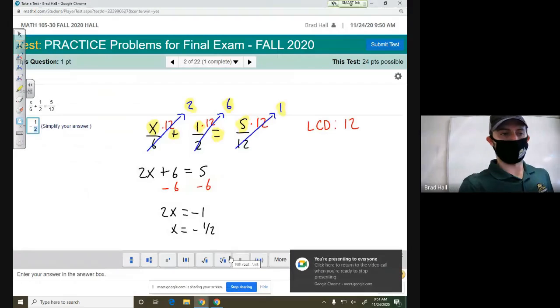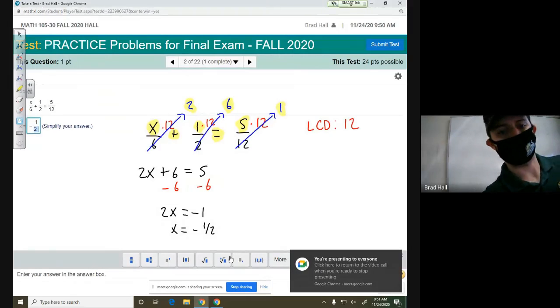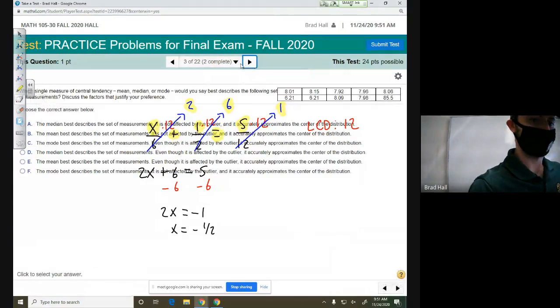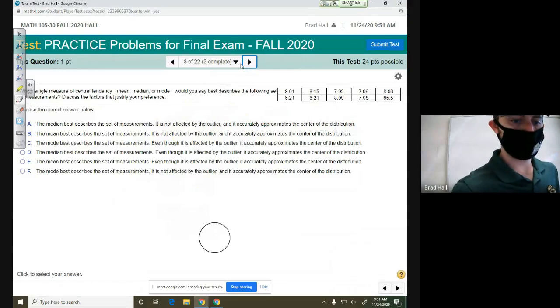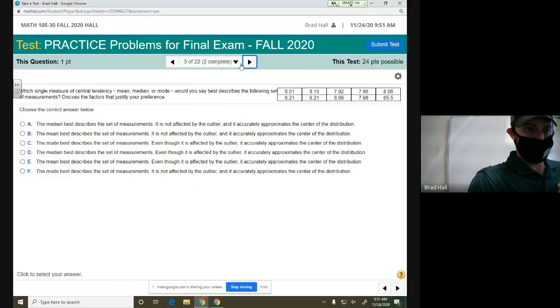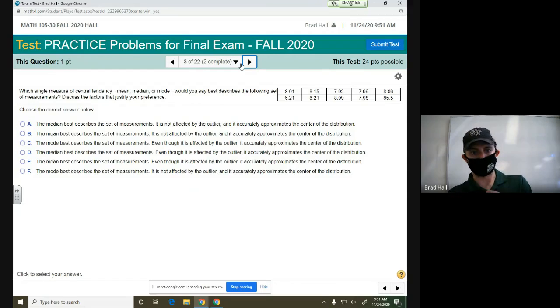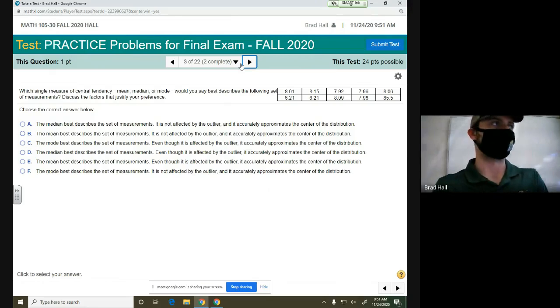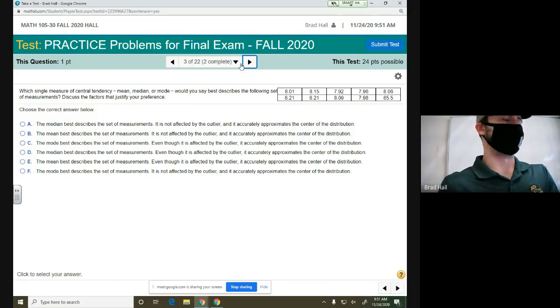So let's move on to another problem. Okay, this is more conceptual. Which single measure of central tendency, mean, median, or mode, best describes the following set of measurements? They give us a table of values on the right. Normally the mode is a terrible measure of central tendency, so we'll ignore the mode.